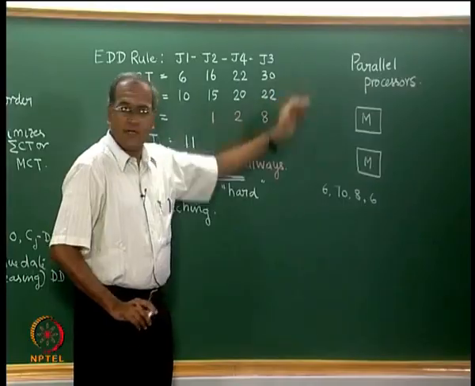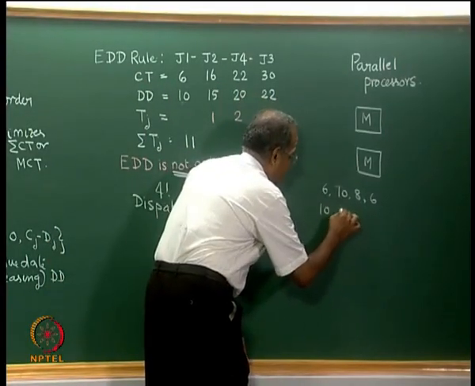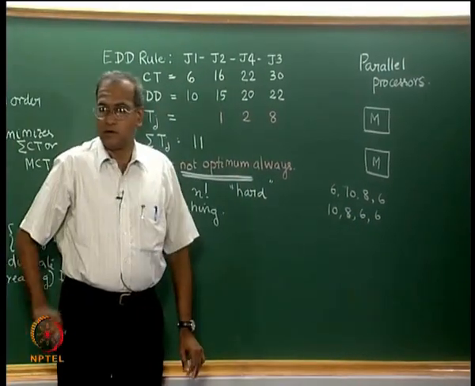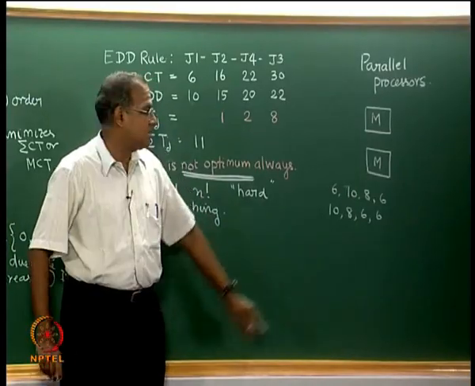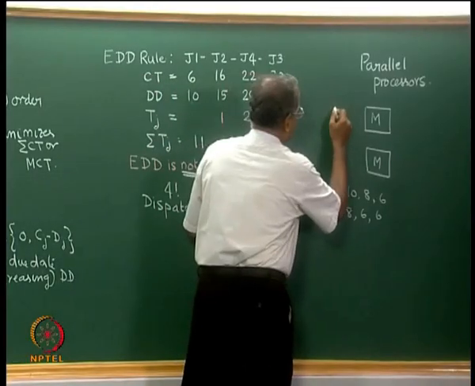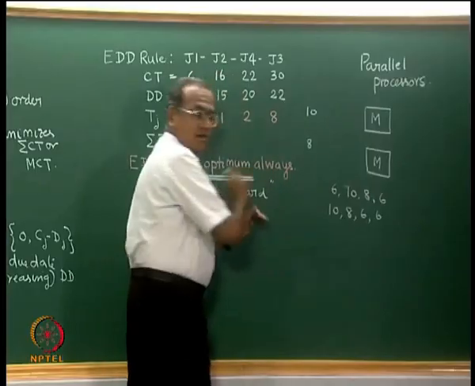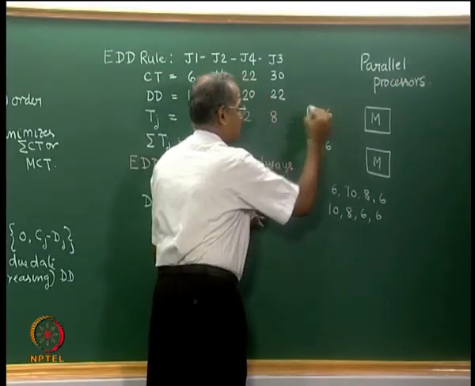A simple rule that is often used is LPT, which means arrange them in non-increasing or decreasing order of processing times to get 10, 8, 6 and 6, and start allocating them to the two machines this way. So 10 goes here, 8 comes here, the next 6 will come here and this 6 will come here.